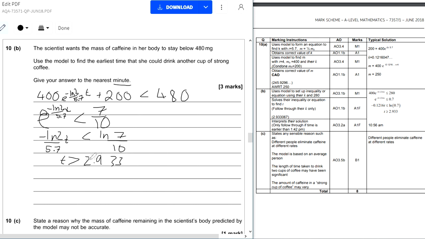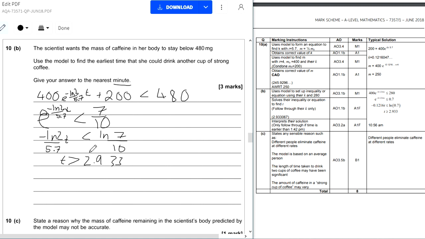Now if that's negative for some reason, it means you've either forgotten the sign somewhere, or maybe you got some of this wrong. Time should never be negative. So if you get a negative sign here, you've probably gone wrong somewhere. Anyway, that's in hours, however.